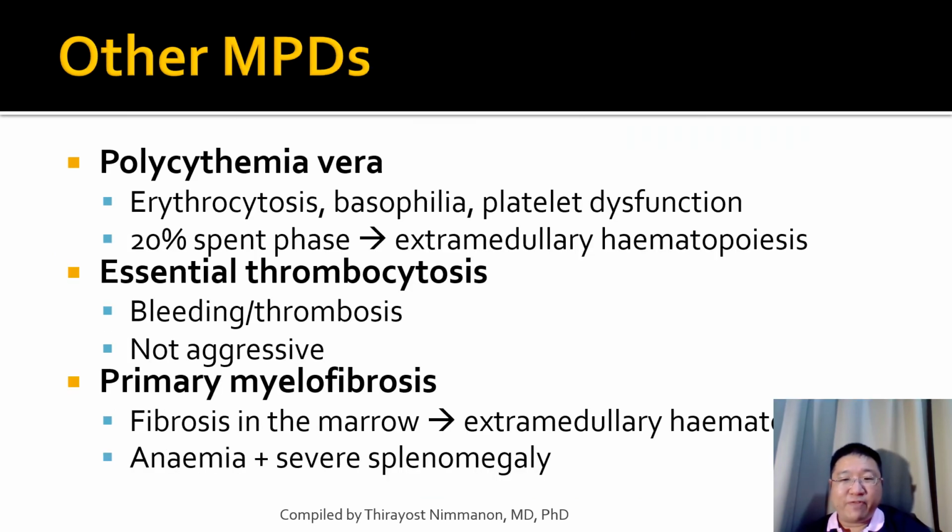Other myeloproliferative disorders include polycythemia vera. So the clinical picture is erythrocytosis, basophilia, and platelet dysfunction. And 20% will develop spent phase and extramedullary hematopoiesis.